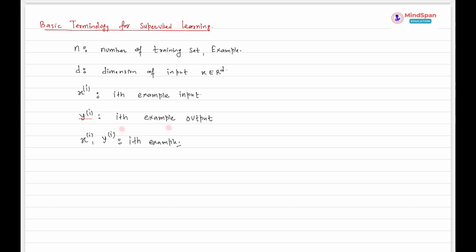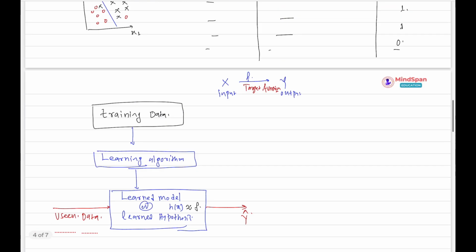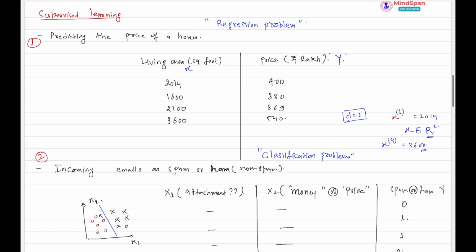ith example output, right? In this case, if I ask you what will be y1, we are asking about the output of the first example, that is 400, right? And this pair will denote one example.